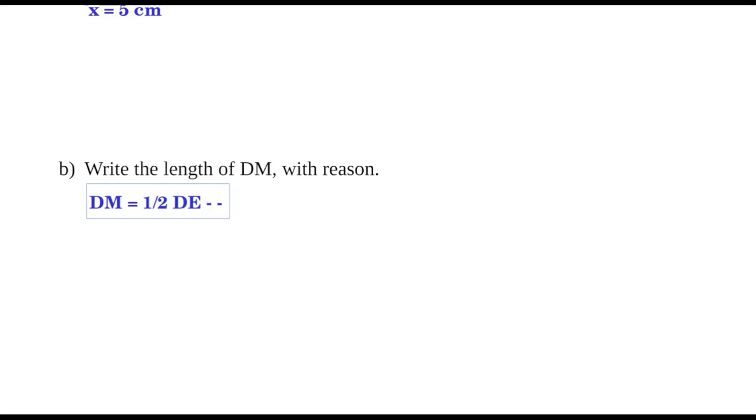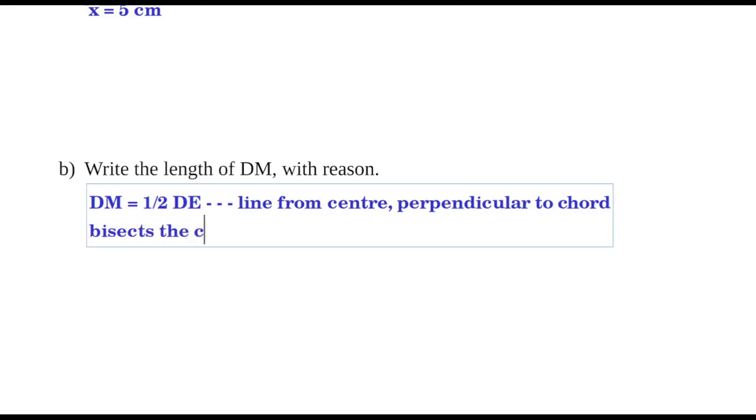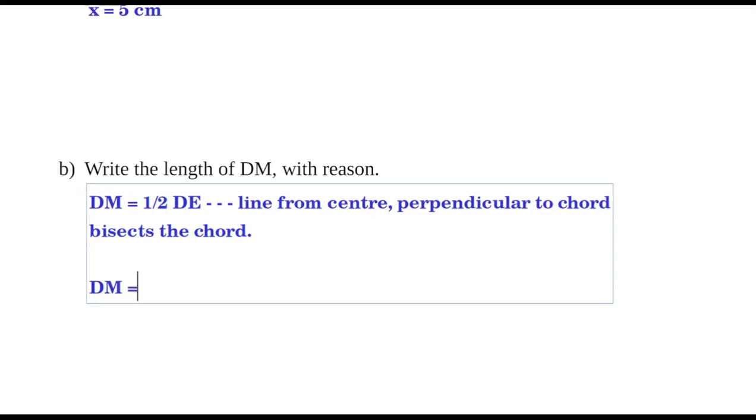The reason for this is that a line from the center drawn perpendicular to a chord bisects the chord. So your DM is equal to half of 6, which is equal to 3 cm.